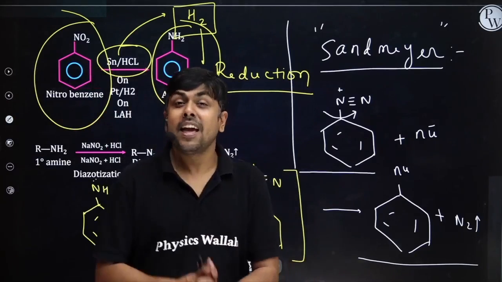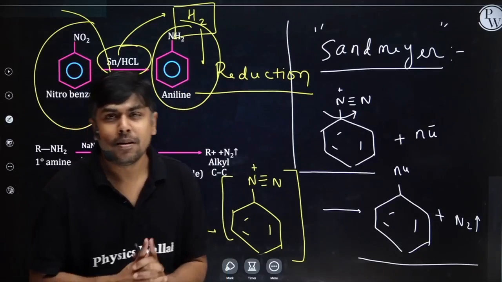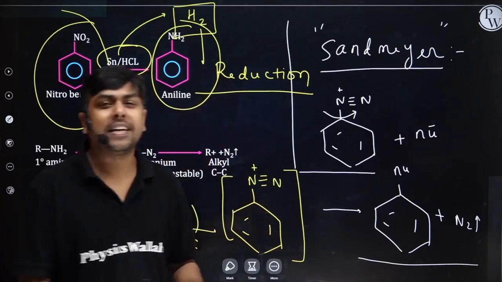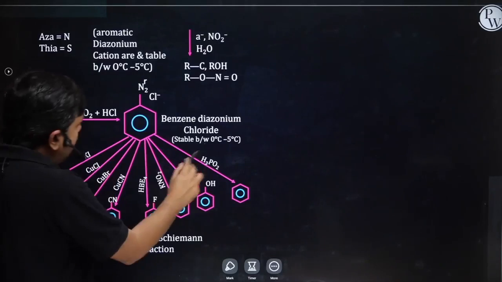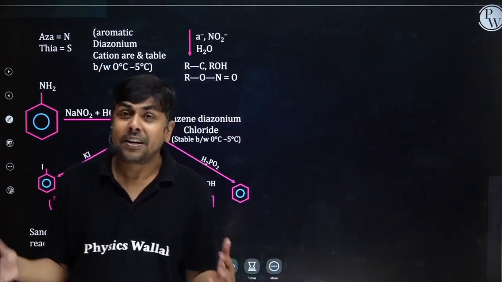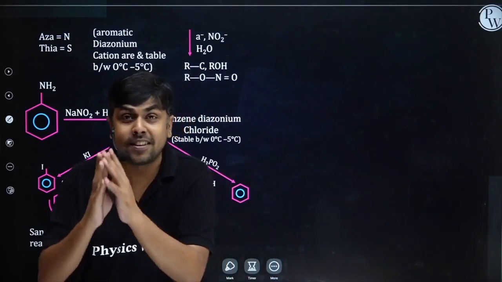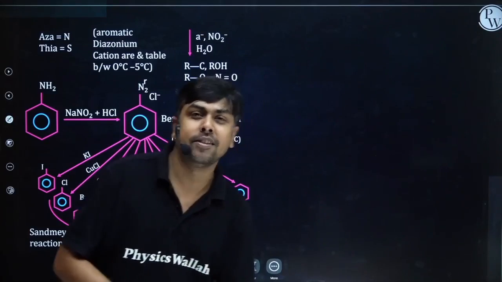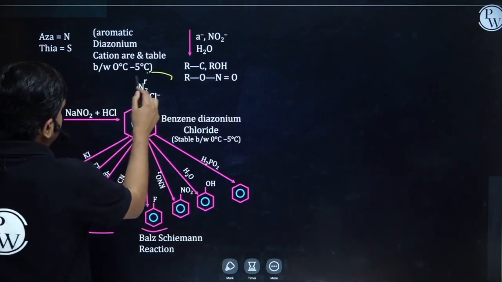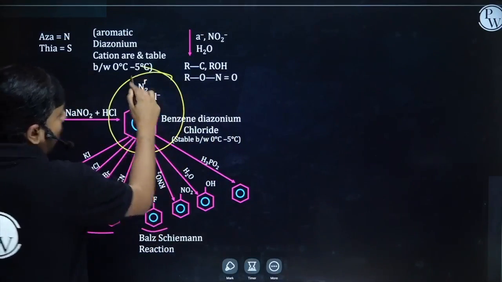Now let's see how do we synthesize halobenzene from this diazonium salt. Student, here you can see a chain of reactions. So we can get different halobenzenes. We can synthesize fluorobenzene, chlorobenzene, bromobenzene, iodobenzene from this diazonium salt. This is benzene diazonium chloride. How do we get it?